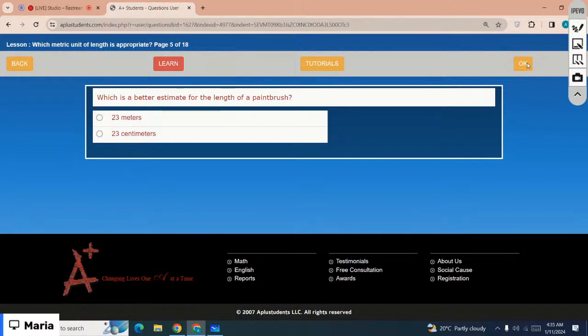It must be 23 centimeters, right? The correct option is 23 centimeters. That is a paintbrush.